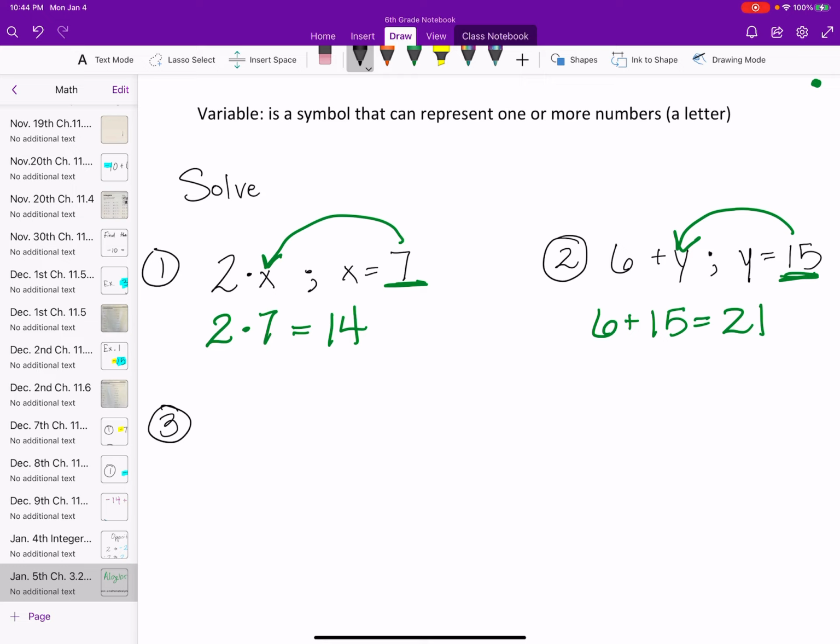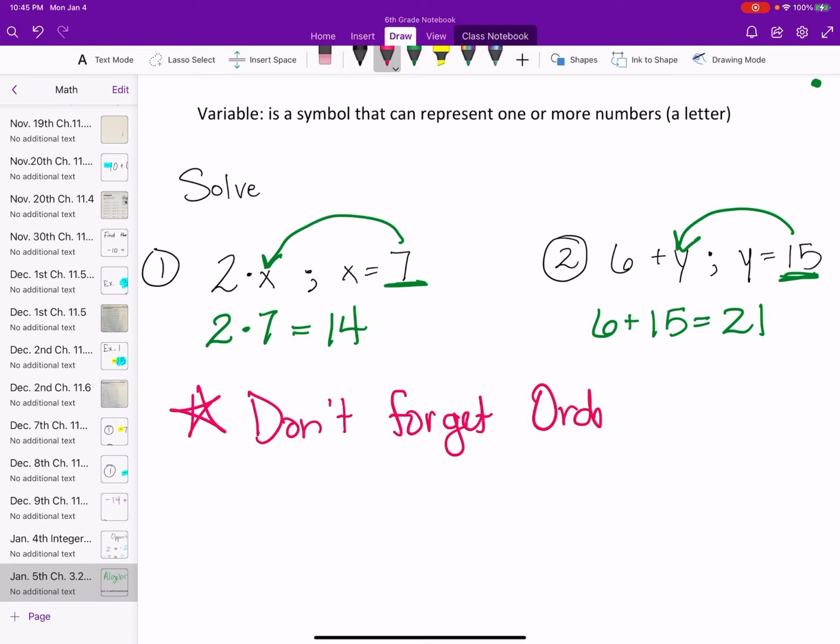Also, don't be forgetting about your order of operations. Before we move on to the next one, I am going to write you a little note. Don't forget order of operations.